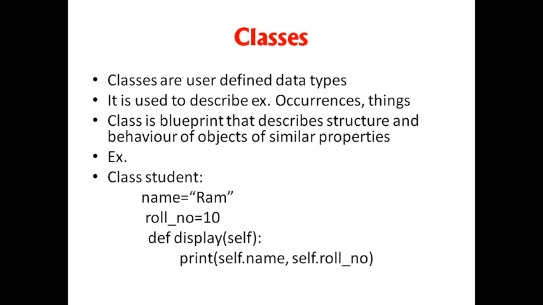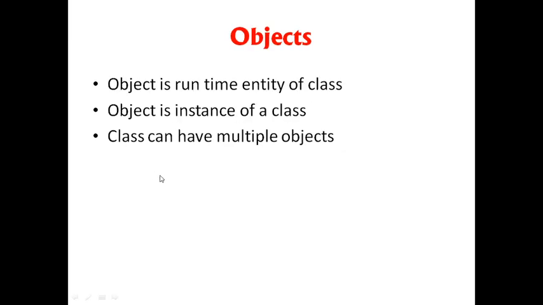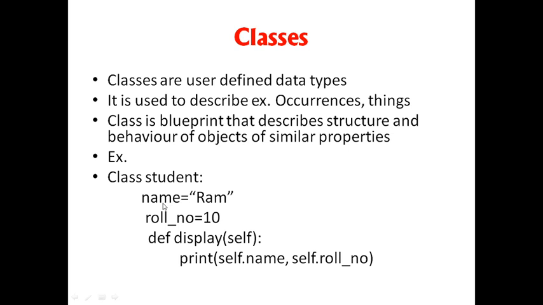That means suppose an example of class is student. So student has name, roll number, and class is a collection of these data members, that is name and roll number, and functions, suppose we use a display function.